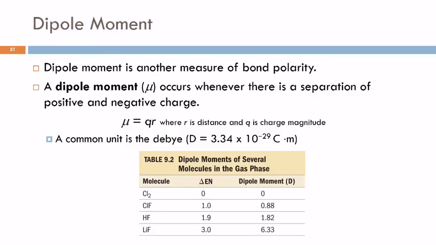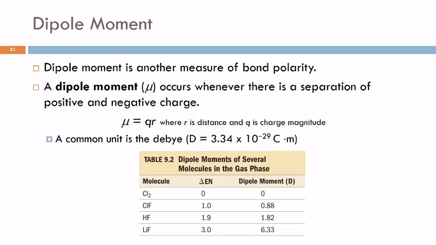A dipole moment is another way to measure the bond polarity. It's abbreviated mu, and the dipole moment occurs anytime we have a separation of positive and negative charge. So dipole moment is Q, the charge magnitude, times R, where R is the distance, because the dipole moment is going to be different if you have large atoms or small atoms.